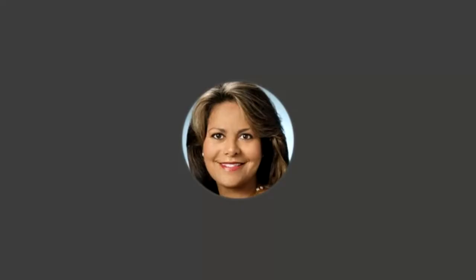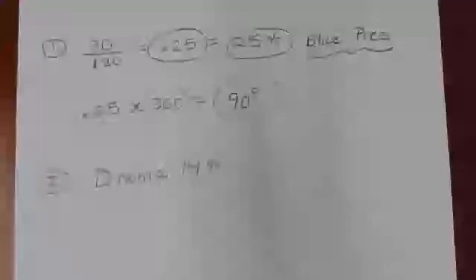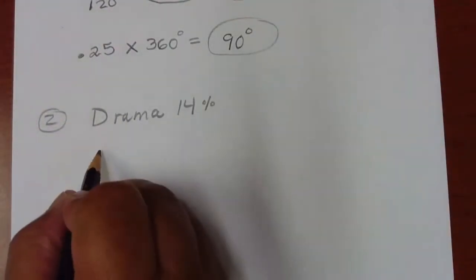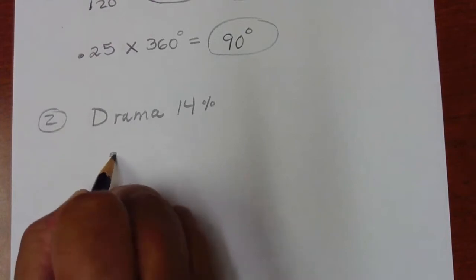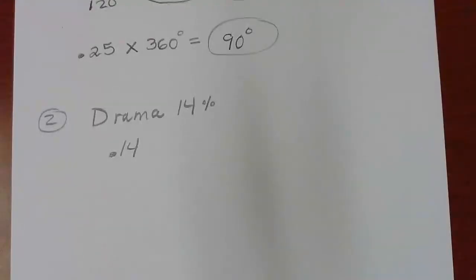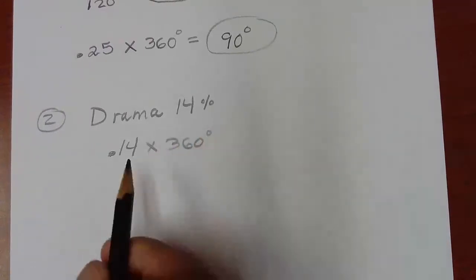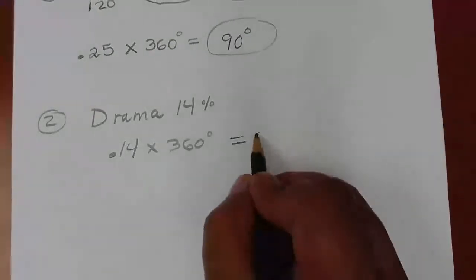Okay, so switching back over to the camera. This is the information I got right off of the circle graph. Again, I just want to keep reiterating that when you're going to find degrees, it is the decimal version of the percent times a total of 360 degrees, and you get 50.4 degrees.